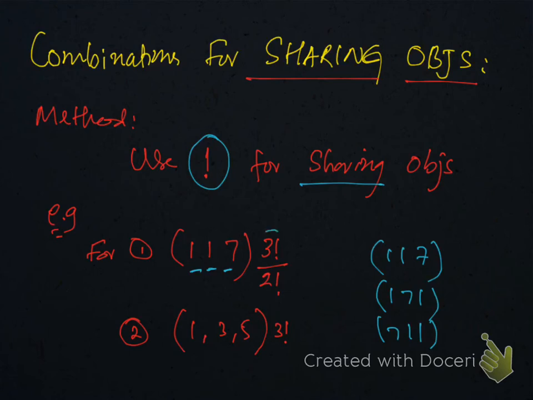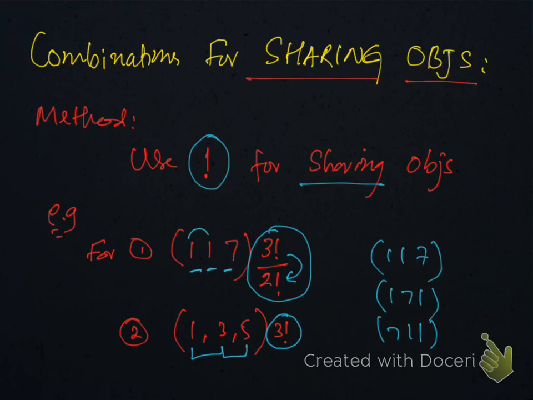So you have to write 3 factorial upon 2 factorial here, because there are 2 ones. Since all 3 numbers are different, write 3 factorial here. When all are different, 3 factorial.